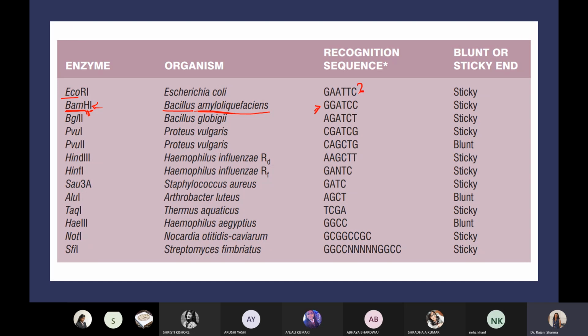This recognition site is very specific for the enzyme, and it will not be changed. If it were changed, you can analyze how many sequences are being changed. If we compare EcoR1 and BamH1, we see that instead of G it is A, and instead of T here it is C. So very specific, very point changes are there.